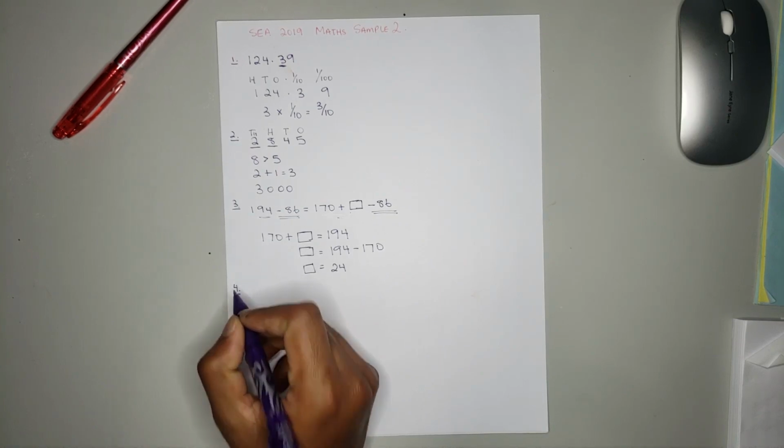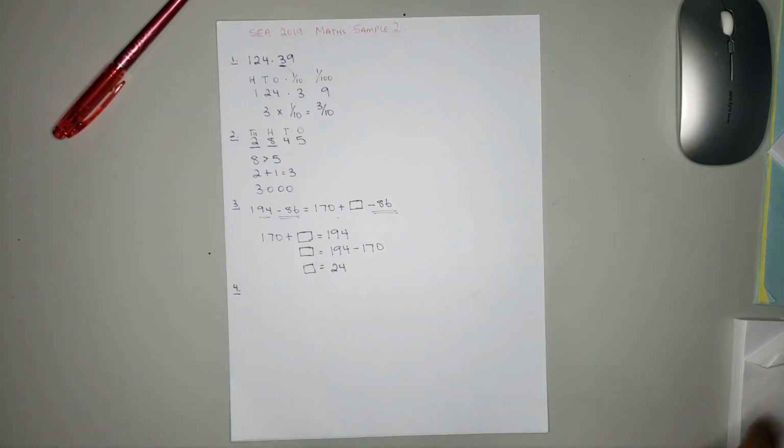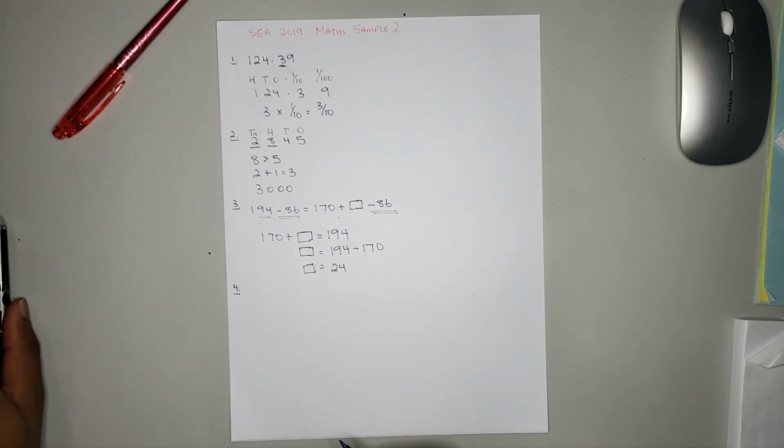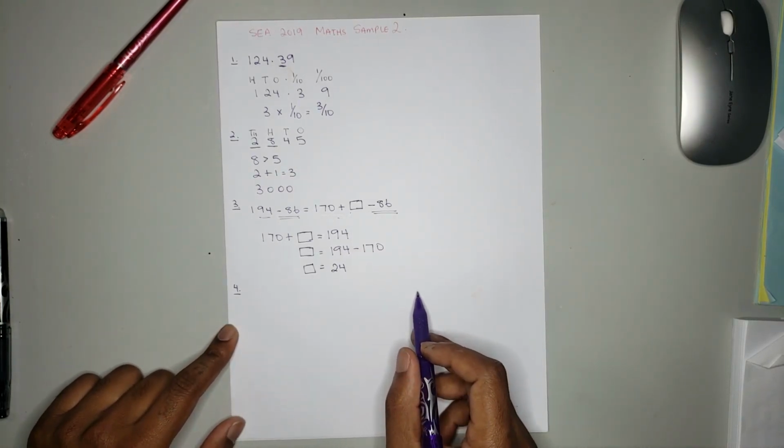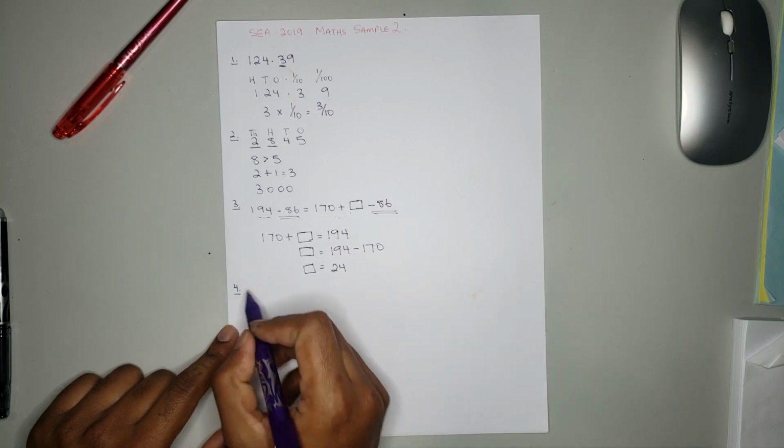Number 4 states: what is the numeral at position A on the number line. So we have a number line there, and this number line is divided into 10 strokes, starting from 125 and ending at 175.